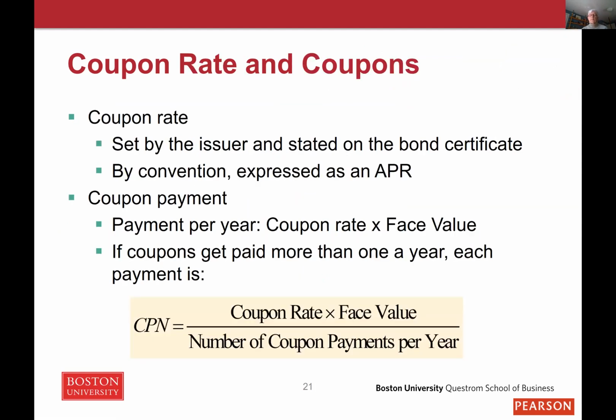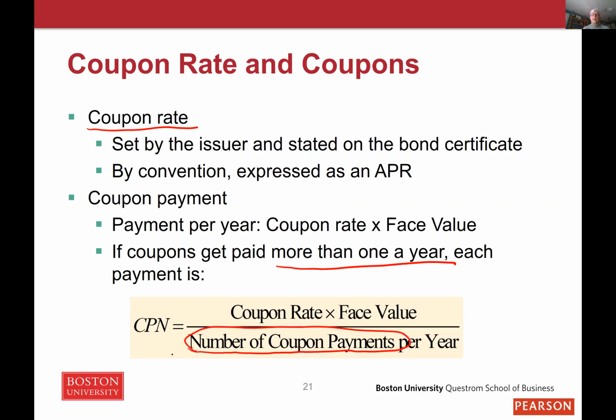So some vocabulary here as a starter. You are going to get a coupon rate. It's going to tell you something like, it pays a 4% coupon. It's also going to tell you whether it's an annual coupon or something like a semi-annual coupon or a quarterly coupon.